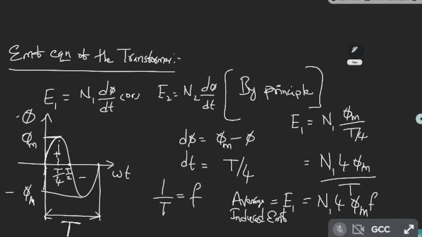Average induced EMF is equal to N1 pi m f, E1 is equal to, this is average induced EMF. Now, 230 volts is there, single phase 230 voltage.